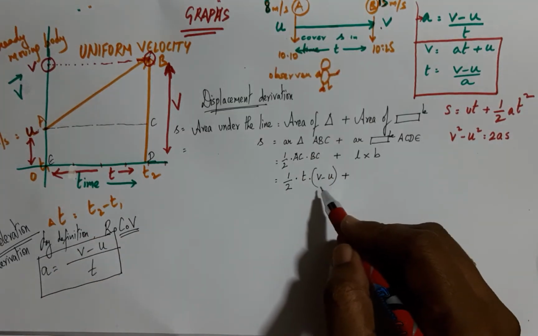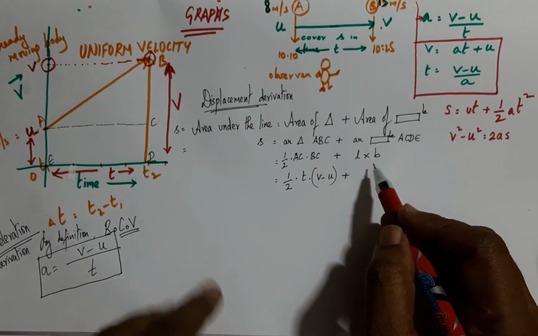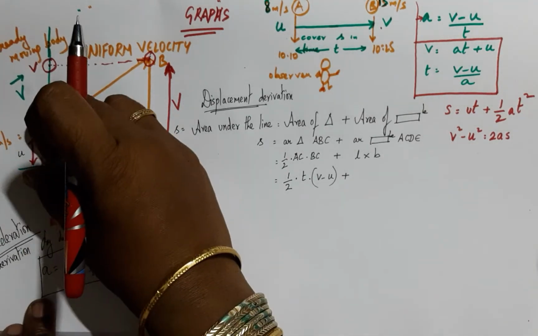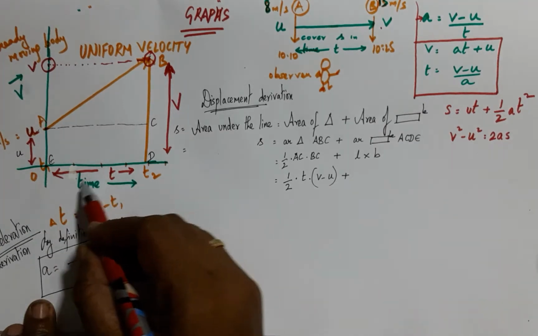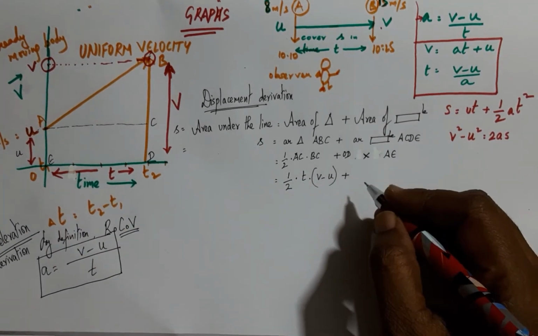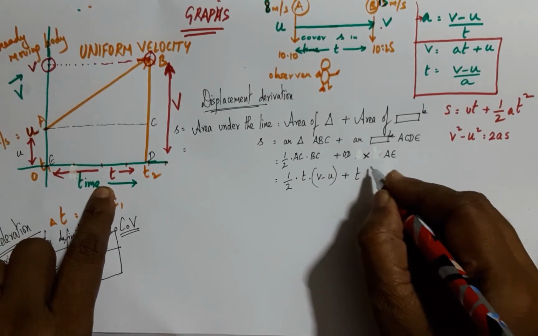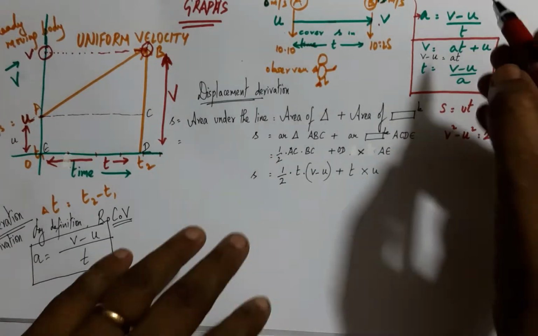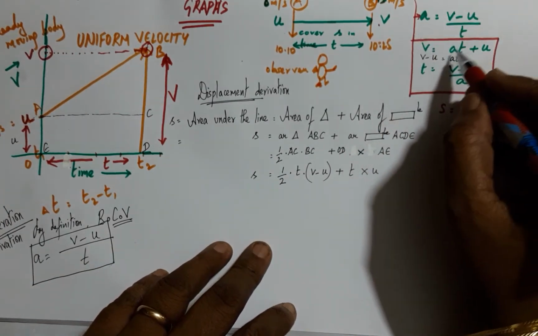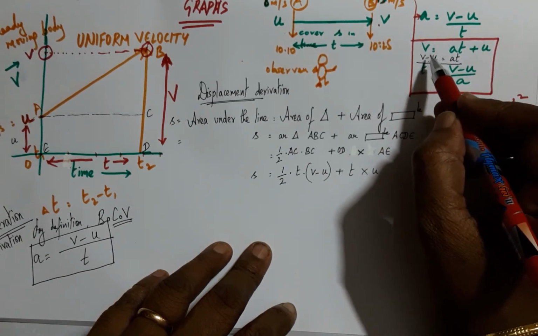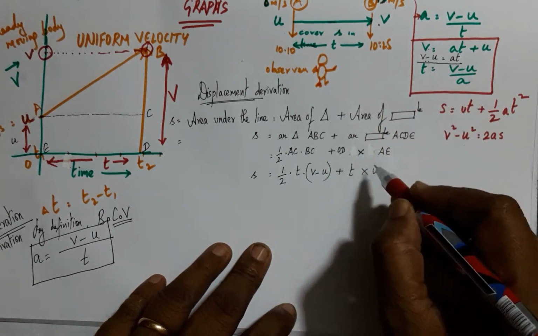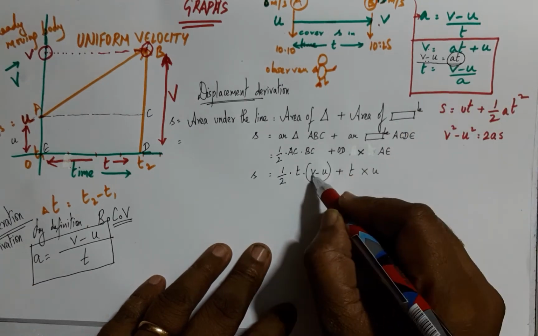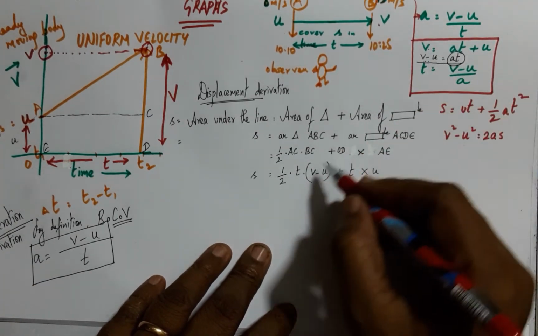and the same has been written here. And now L into B for this rectangle is nothing but the reading over here gives the U value, initial velocity value, and therefore value of OD being T and value of AE being U. And from this parent equation, as we have already seen, we can derive this from this, and now we can replace this value with this value here because these two are equal.